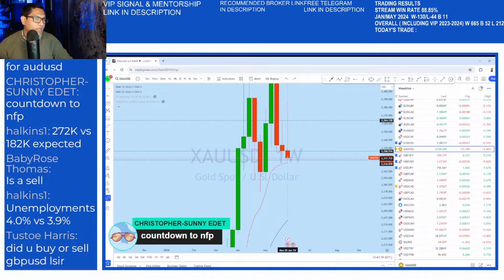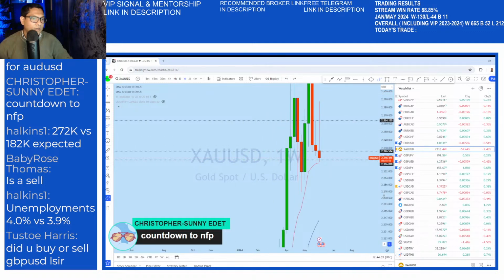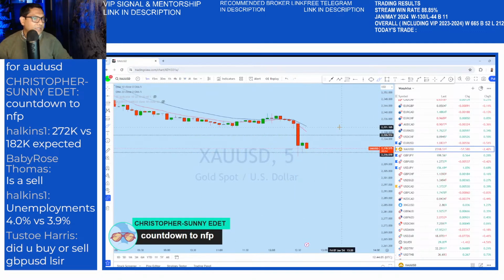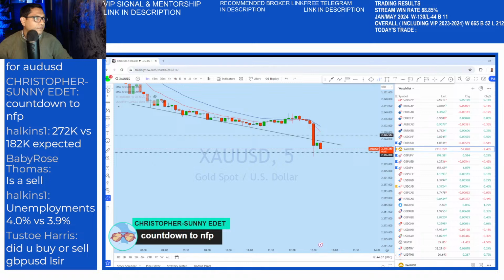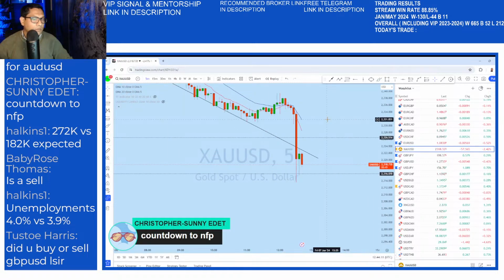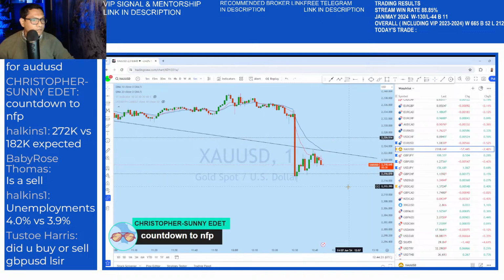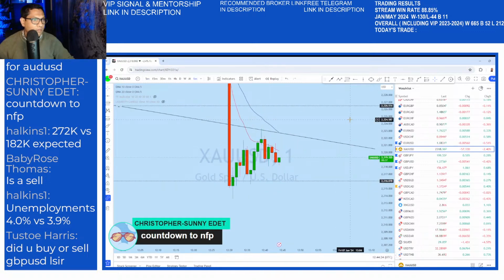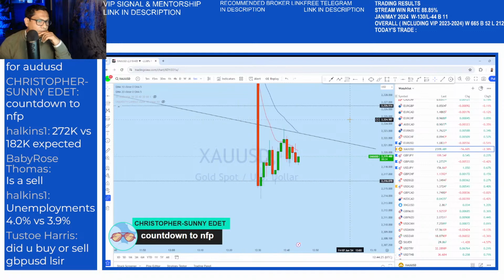The other probability is to bounce back to the upside. So the bias is still to the downside. There is a 1 minute potential liquidity candle formation.